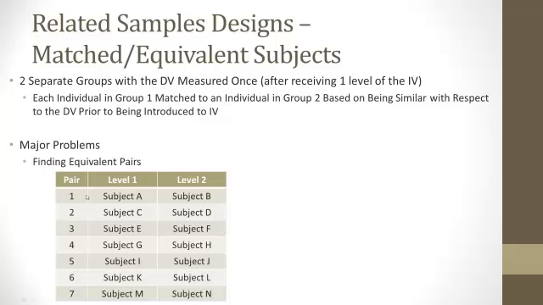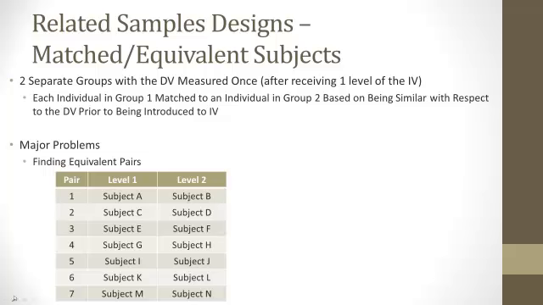So maybe pair 1 both have chronic back pain to a similar degree, pair 2 both have arthritis, pair 3 both have multiple sclerosis, and so on and so forth. You're matching them based on the type of pain that they have and maybe even the level of pain, and then treating both people in this pair as the same person.